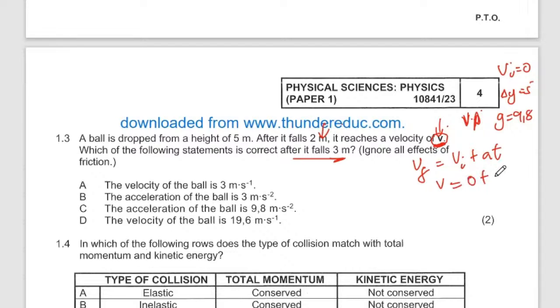Initially 0 plus 9.8. But this doesn't have time, which means it's not going to make sense. There's no time involved. How about I use the V squared one? It makes sense, yes. VF squared is equal to VI squared plus 2a delta X, or delta Y.